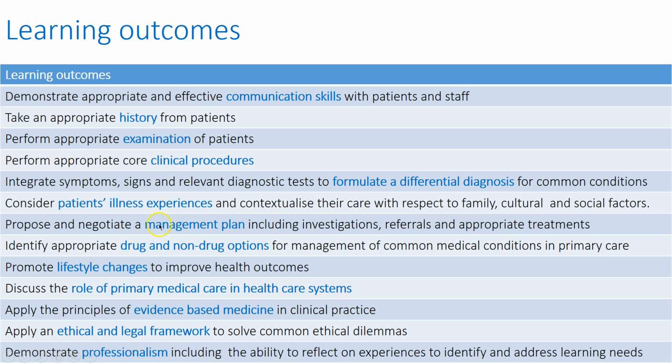You should be able to formulate a management plan, including drug and non-drug options with a focus on lifestyle changes. You should also be able to incorporate all of this with an evidence-based approach, underpinned by an ethical and legal framework, and at all times being professional and reflective in your dealings with patients.